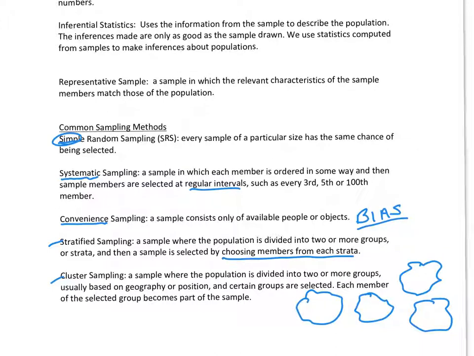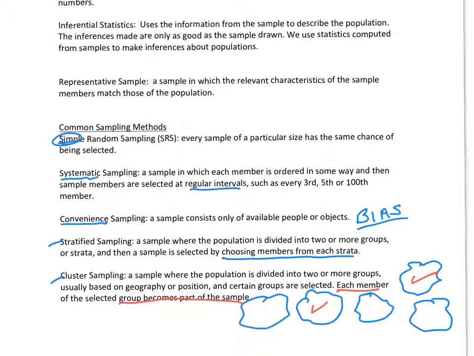Cluster says if I have all these different groups defined, whatever they are, they could be different classes, I'm going to randomly choose certain clusters, and everybody who's in the group becomes part of the sample. So cluster, you take the whole group, you just don't take all the groups.